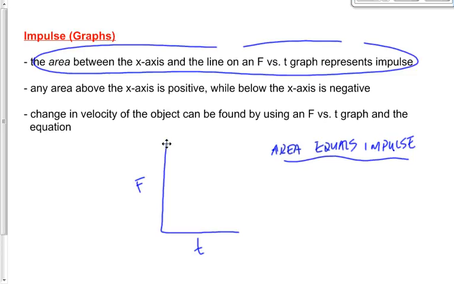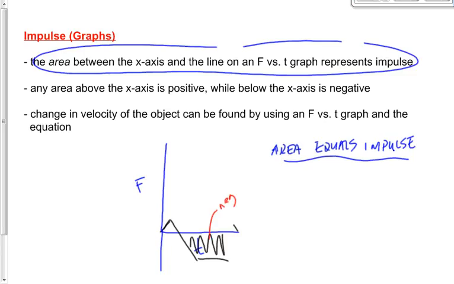Now, sometimes you've got a line that's above the x-axis. If you do, then that area is going to be a positive value. But sometimes you've got an area that's below the x-axis. If you have an area that's below the x-axis, like this, then that area is going to be a negative value.